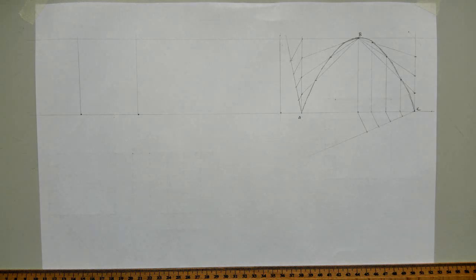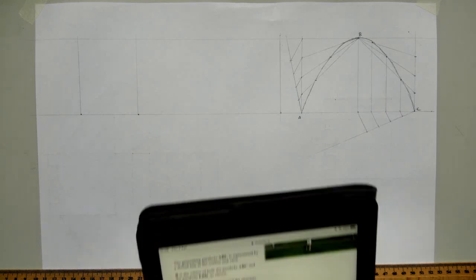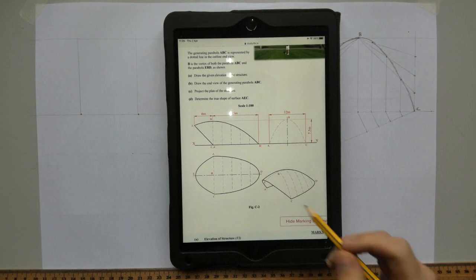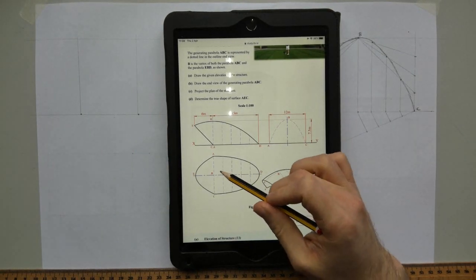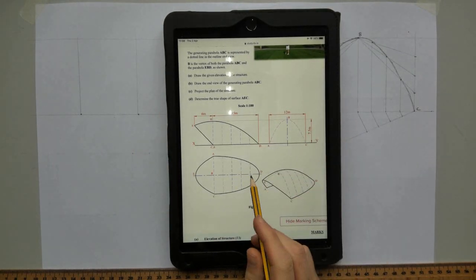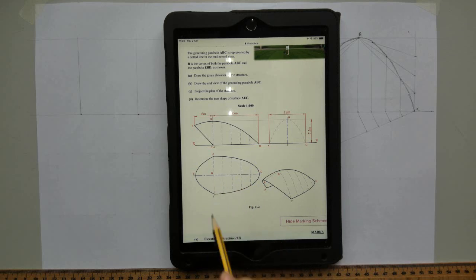So we do the same idea again. We'll divide our sides into a number of equal parts. Because of the actual width of the base, I'm going to divide that, as you see in the question it tells us here, into 1, 2, 3, 4, 5 equal parts, because we're actually going to use these lines here to determine the widths.